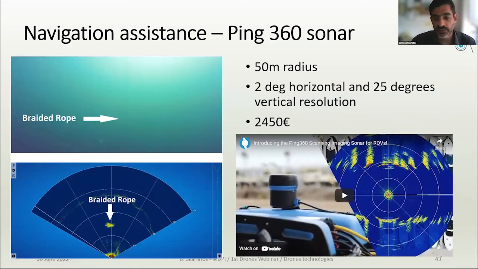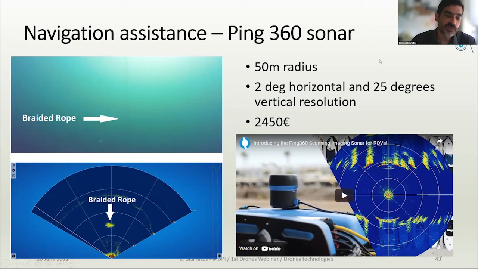The solution we decided to go for was to mount a 360 sonar with a 50-meter radius. As you can see, it becomes much easier to follow the downline, and you can see what the video camera, the navigation camera, can see. But on the sonar screen, you can clearly see the downline or any other underwater structure.